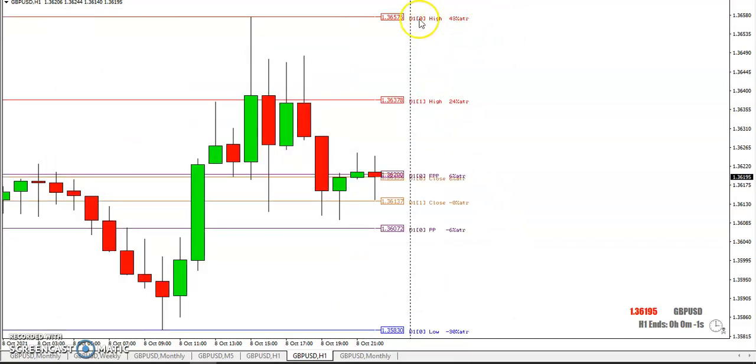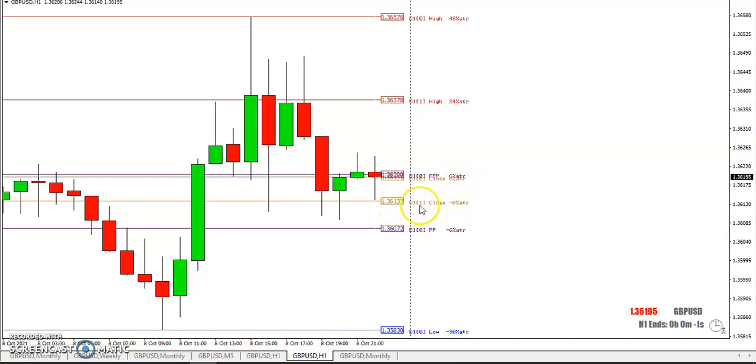So if you look here, today's high was 43% of the ATR from the open. Yesterday's high is 24% of ATR from today's open. The future pivot point was 6%. The current close is at 6% ATR.